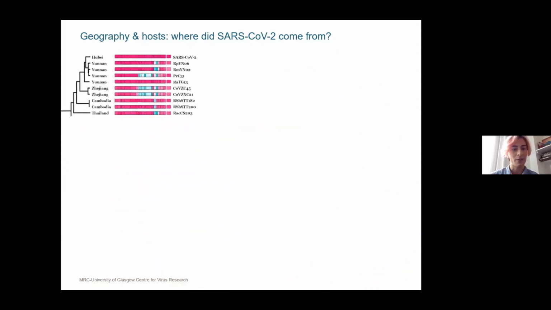If we look at the closest viruses, this is actually not the case, because almost every one of these viruses has been sampled from a different species of horseshoe bats in the Rhinolophus genus. But there are some interesting things you can get out of the host ranges of these bat species.